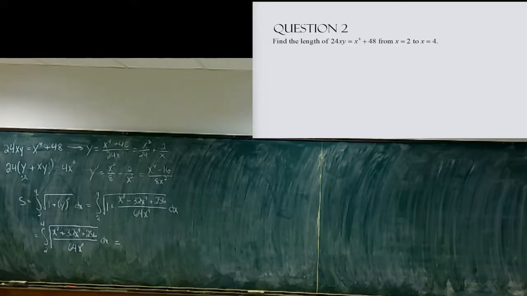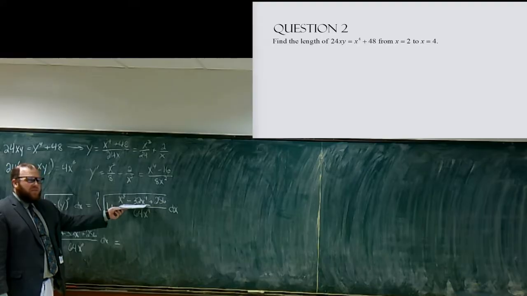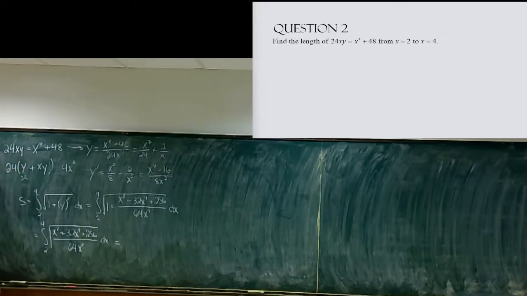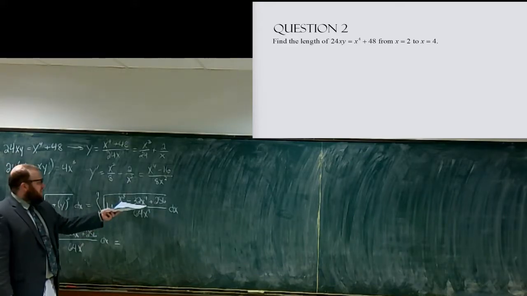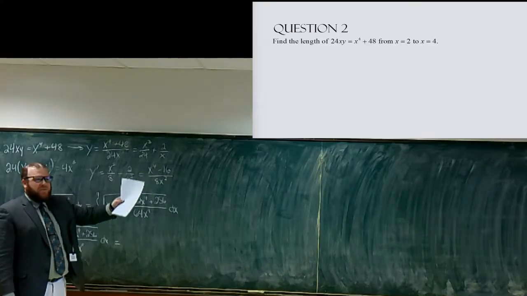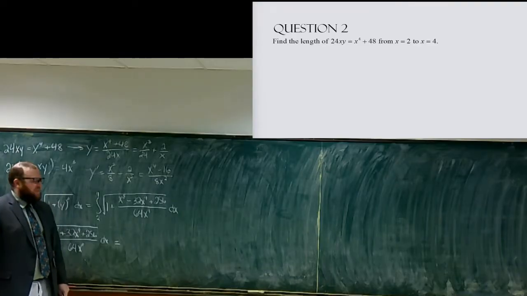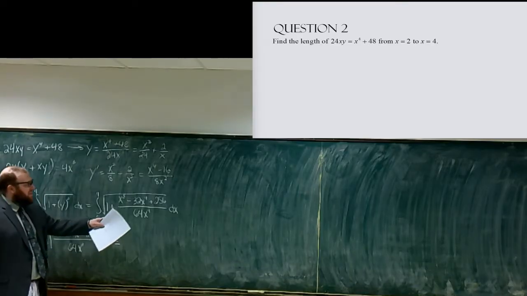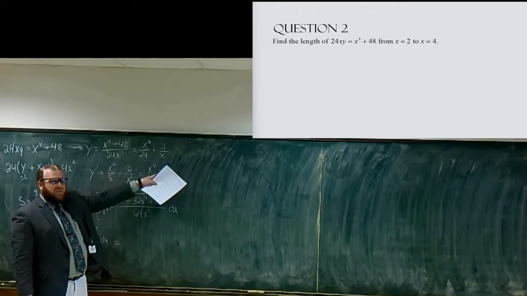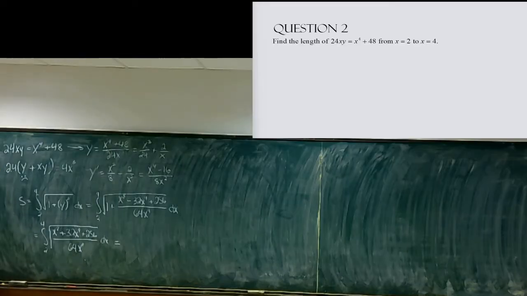So that wouldn't work. What's the difference between this and that? Minus 32 and positive 32, isn't it? Wasn't this that quantity squared? So isn't this that quantity squared, except that minus is a plus?